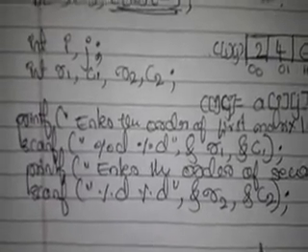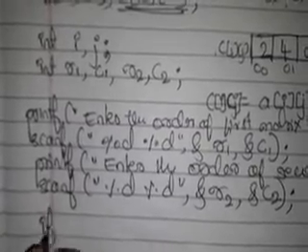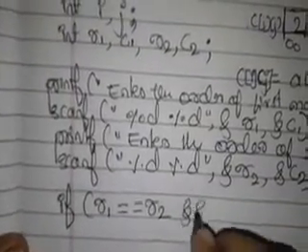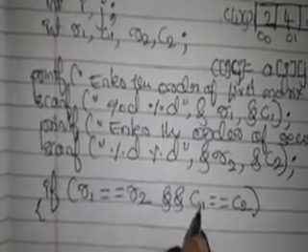Now you compare, that is, if R1 is equal to R2 and C1 is equal to C2. Here I am comparing whether the number of rows of the first matrix is equal to that of the second matrix and the number of columns of the first matrix is equal to that of the second matrix.